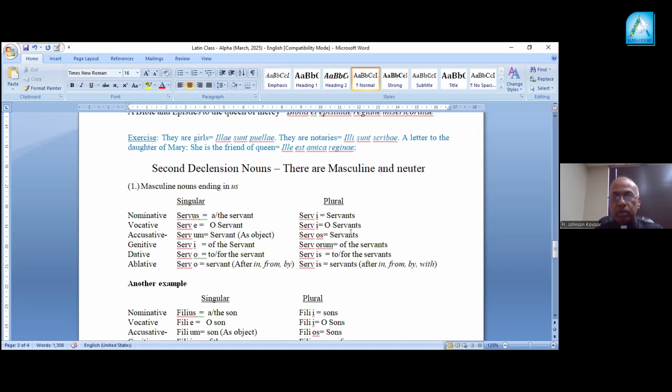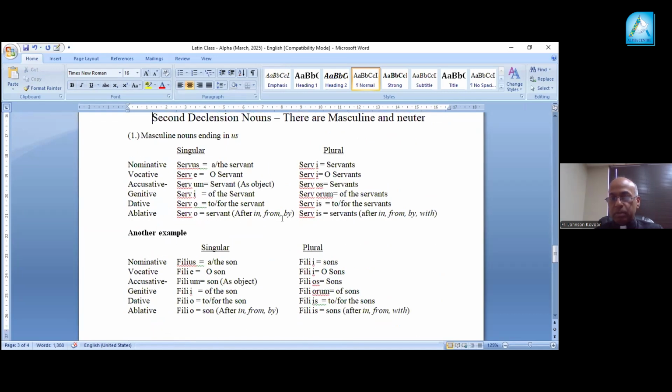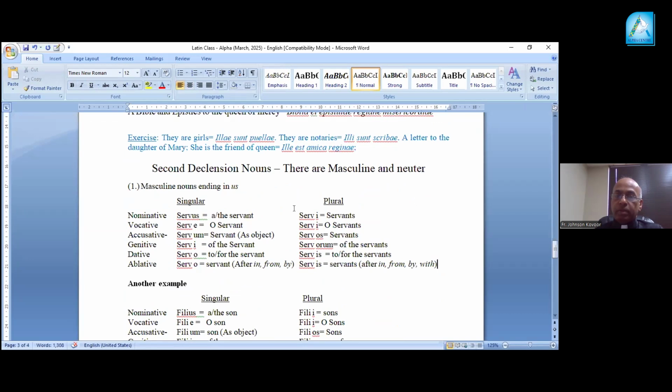Now we directly go to the second declension nouns. This is mostly masculine. There are also neuter nouns. Masculine and neuter. There is no feminine noun.